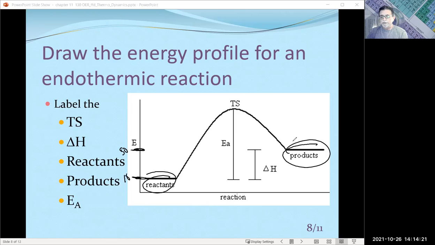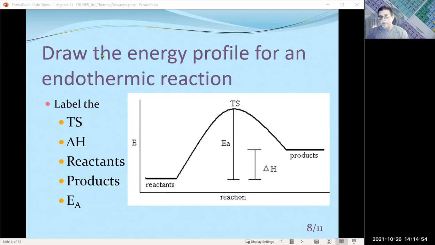The delta H here will be the products, 50, minus the reactants, 10. You get a positive number, 40. So you can do it mathematically by arbitrarily putting units on the y-axis, or you can visualize that the products are at a greater energy level than the reactants were. And so here you have an endothermic reaction.